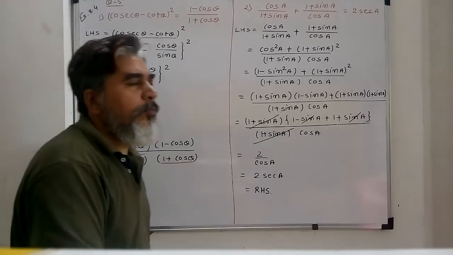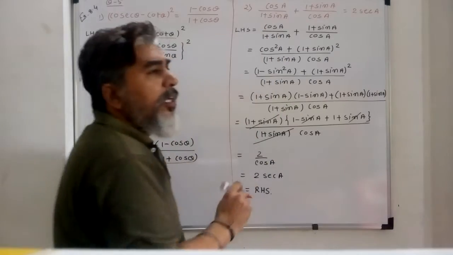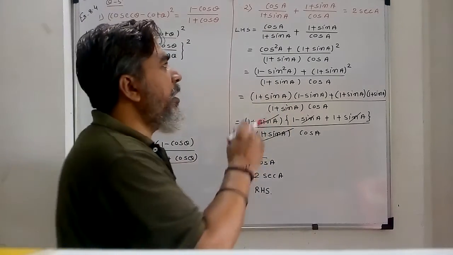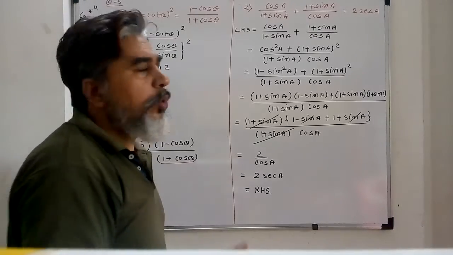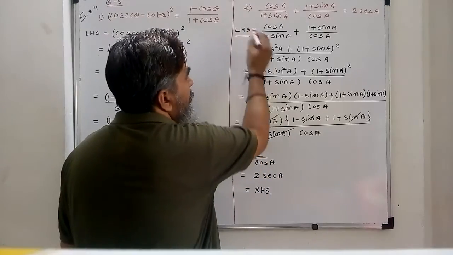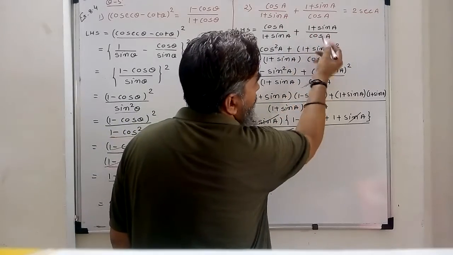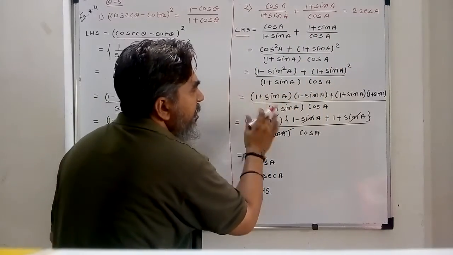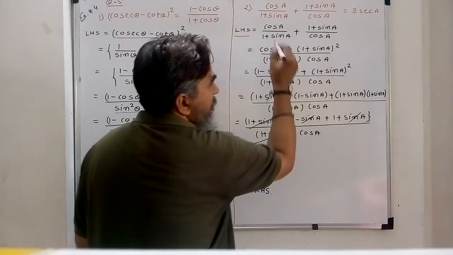Now the second question. You are given cos a upon (1 plus sin a) plus (1 plus sin a) upon cos a is equal to 2 sec a. So start with the LHS: cos a upon (1 plus sin a) plus (1 plus sin a) upon cos a. Taking the LCM, it is (1 plus sin a) and cos a.